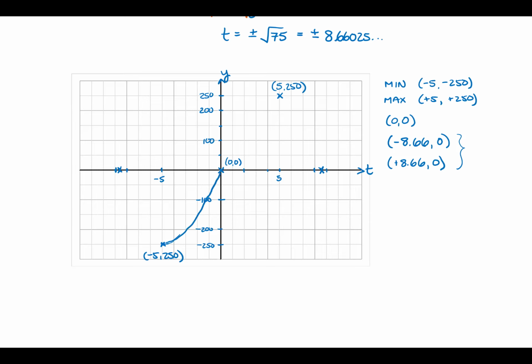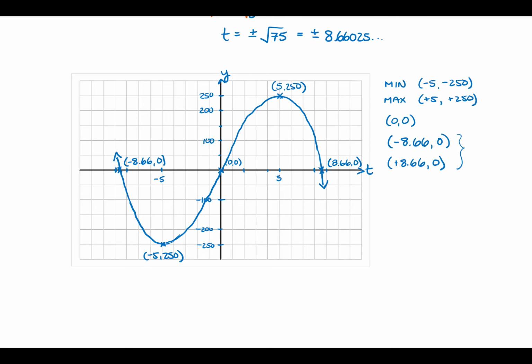So I'm going to do this the best I can freehand. So I have (8.66, 0) here, and (-8.66, 0) here. And I've covered the shape of my graph. Of course, it goes on in both directions, so I can just draw an arrow. But I have graphed the most important features of this function, and I can just leave it right there.